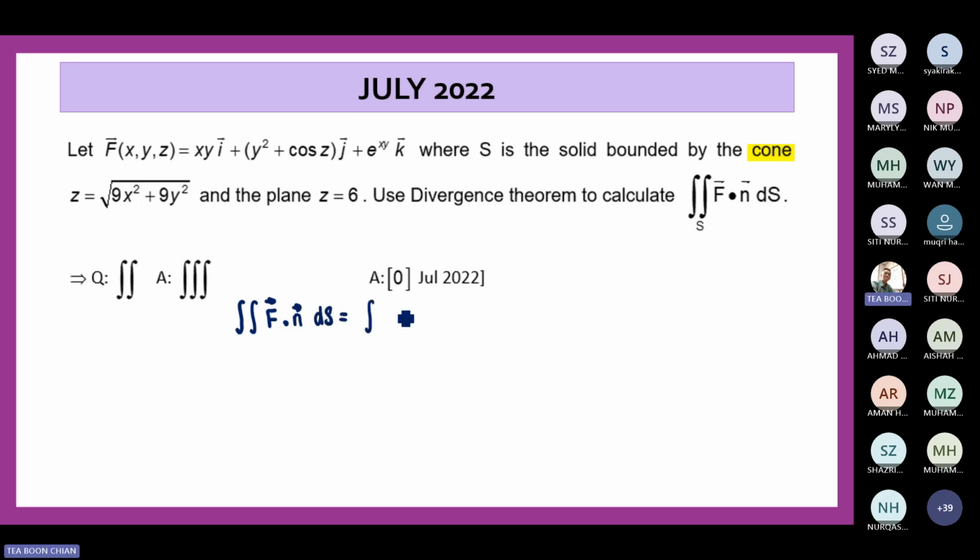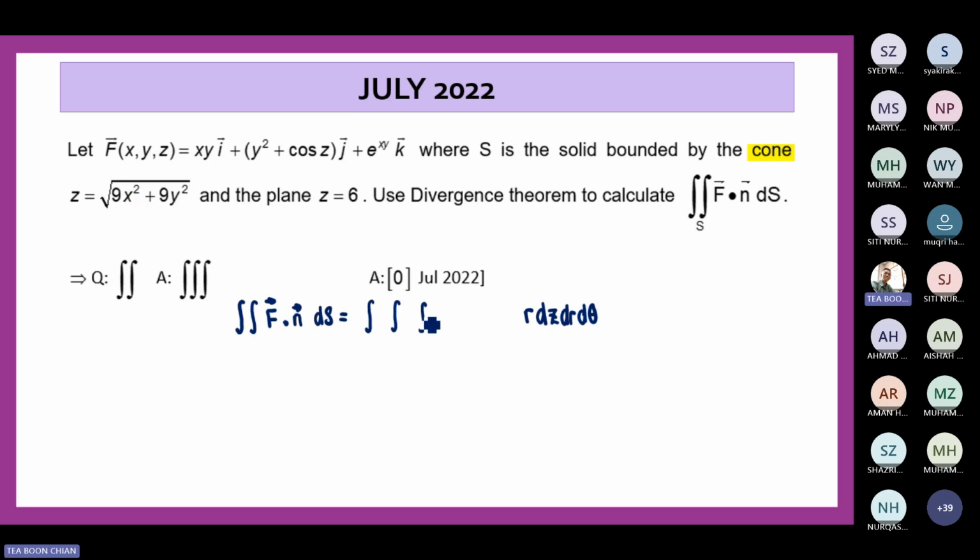So this is the triple integral. Like I mentioned just now, we will be using the cylindrical coordinate system with r, dz, dr, d theta. Why z? Because z is a plane, circle is x squared plus y squared.